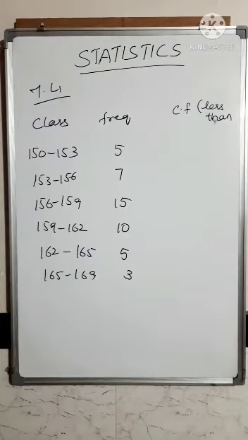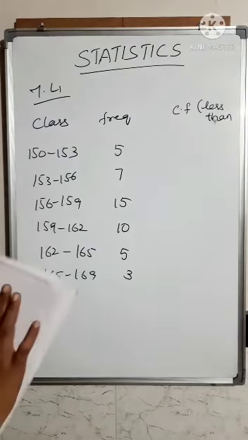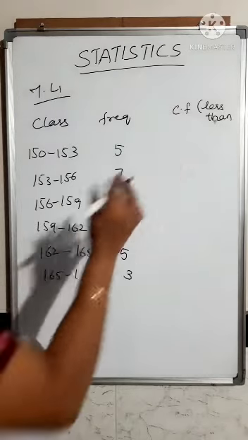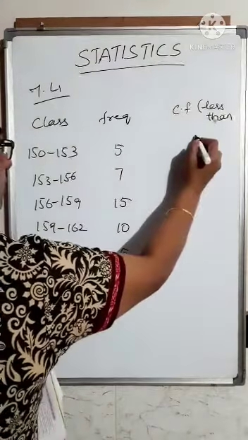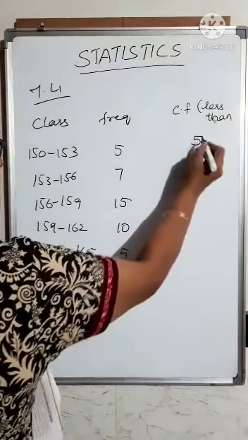For this, in this problem they have given boxes. Otherwise, how you have to do is, you write the first frequency as it is. In the next column, you have to add these two. That is 5 plus 7, which is equal to 12. Next, you add this 12 to 15, so you get 12 plus 15, which is equal to 27.